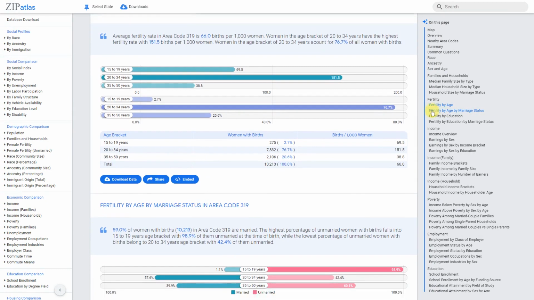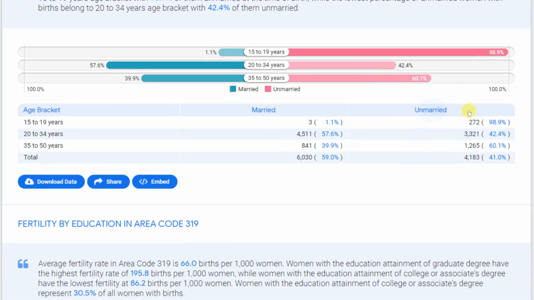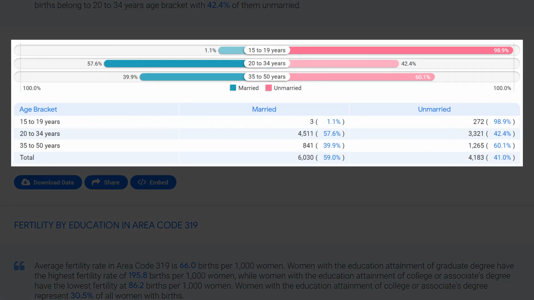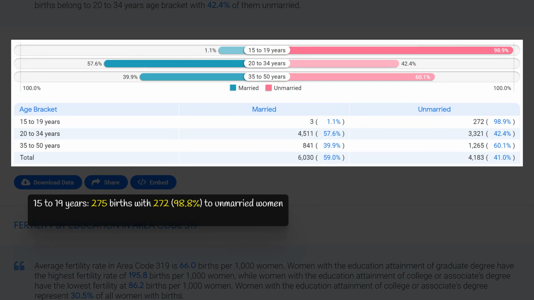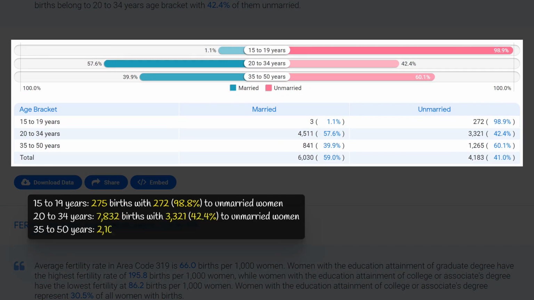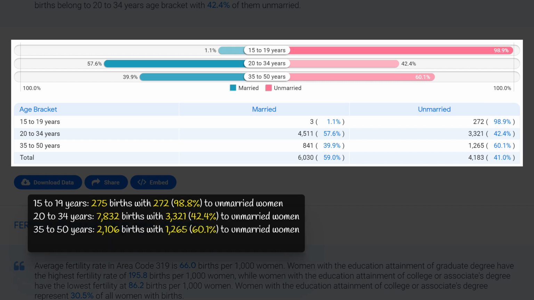Overall, in area code 319, Iowa, there were a total of 8,121 births within the 15 to 19 age bracket, and a majority, 98.8%, of those births were to unmarried women. In contrast, within the 20 to 34 age bracket, there were a significantly higher number of births at 7,832, but a lower percentage, 42.4%, were to unmarried women.